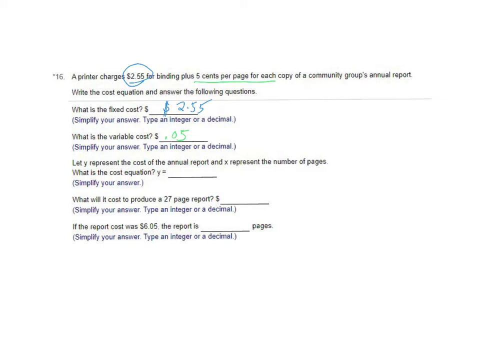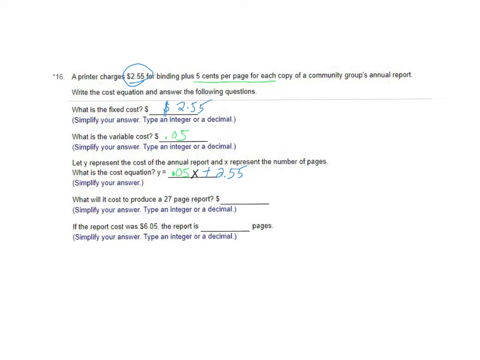So in our next step here, it says let y represent the cost of the annual report and x represent the number of pages. What is the cost equation? So we're going to have y equals 5 cents times x, the number of pages, and then we will need to add on to that the $2.55, which is our fixed cost, which is our y-intercept.